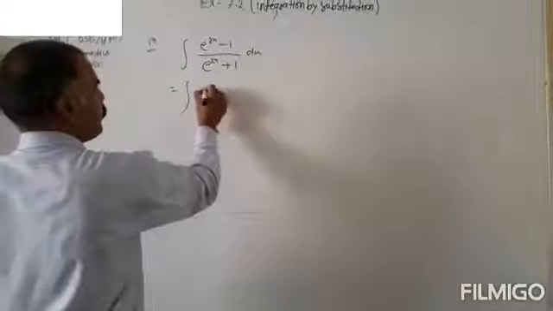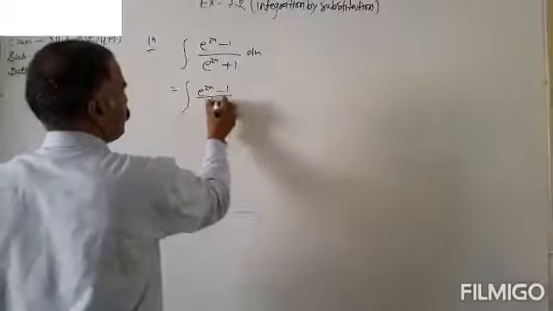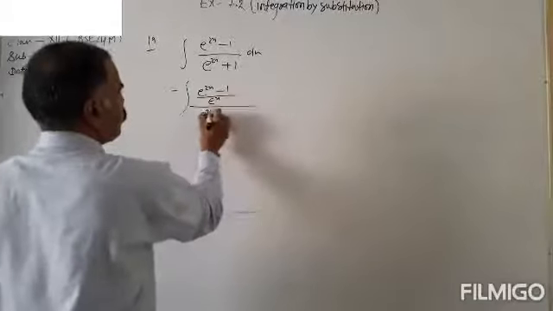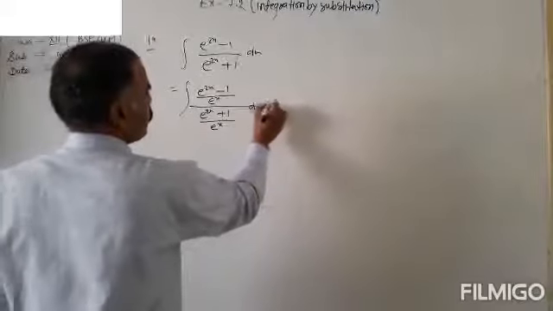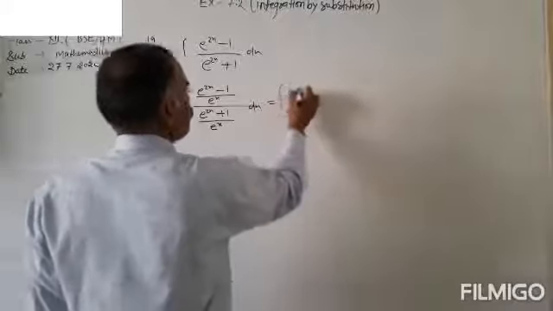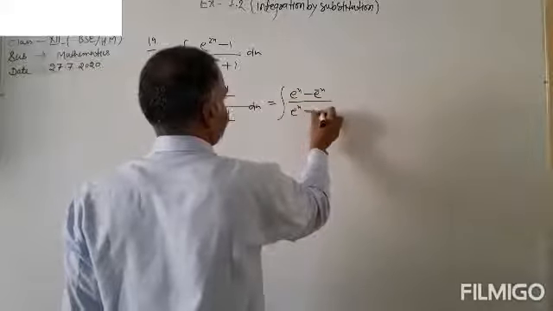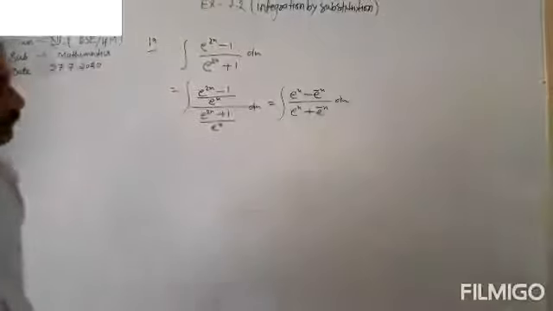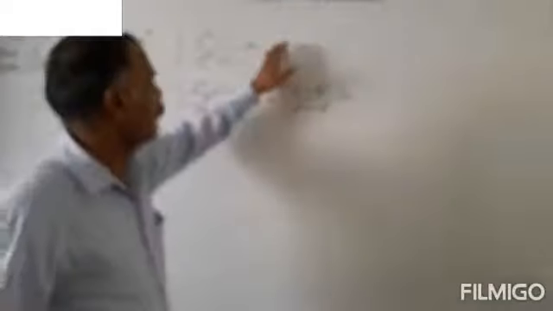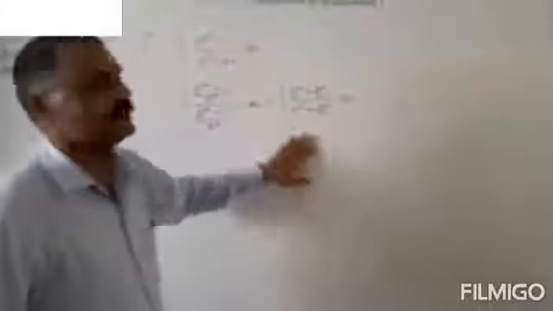So e to the power 2x minus 1 divided by e to the power x upon e to the power 2x plus 1 divided by e to the power x dx. This is equal to e to the power x minus e to the power minus x upon e to the power x plus e to the power minus x dx. This is the changed form of the given integrand.